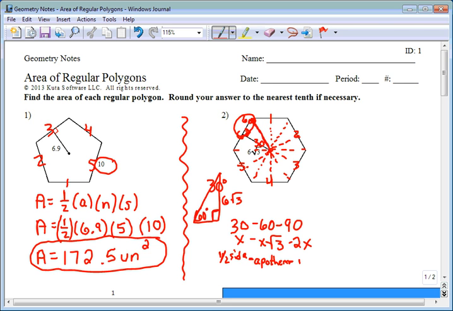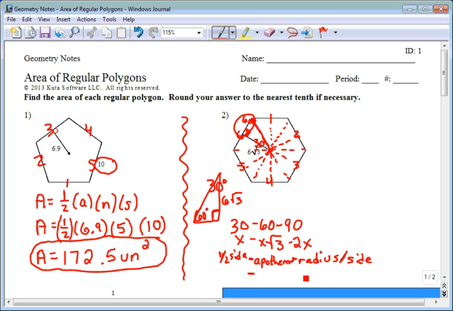That is called a radius. But in the context of a regular hexagon, let's look closely, I know that across from my 30 degree is x. Across from my 90 degree is 2x. This is half of a side, and 2 of these is a side. So this number also represents my side length.